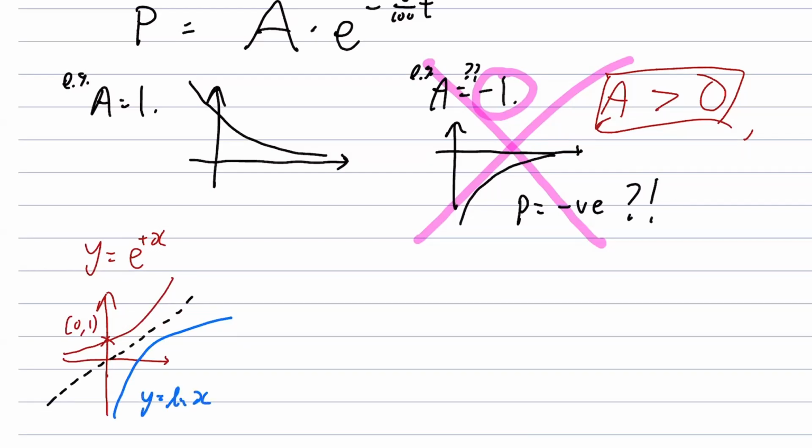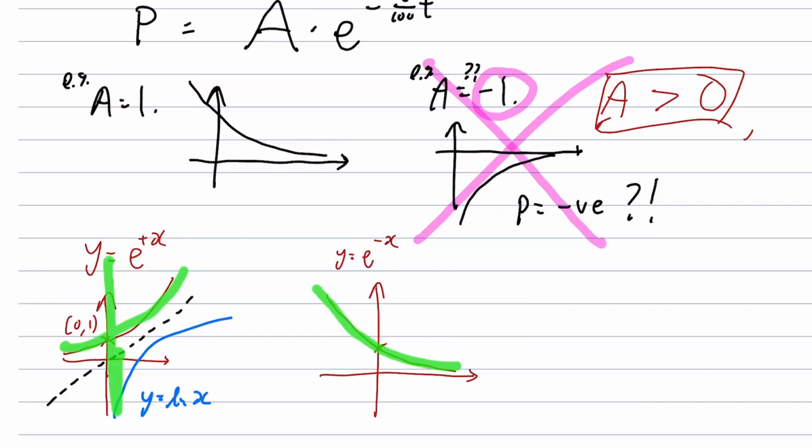Then how about e to the power of -x? It's x going to -x. What's the graphical transformation? It reflects about the y-axis. So it actually looks like this. Red color like this, reflect, become like this, about the y-axis here.